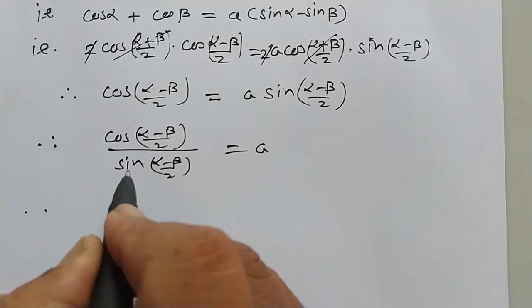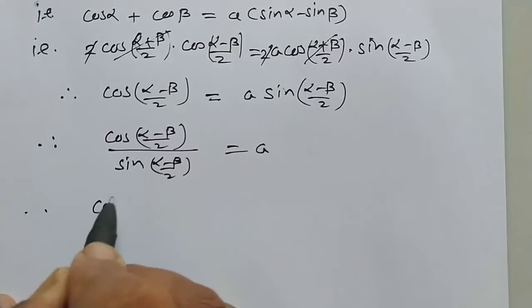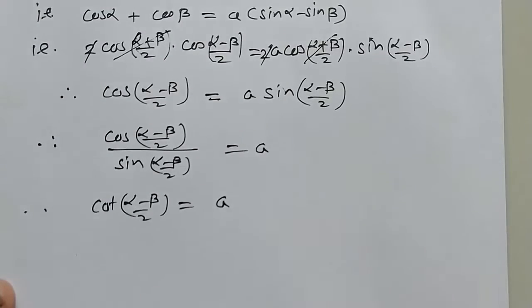Since the angles are the same, cos upon sin is cot, so cot((α − β)/2) = a.